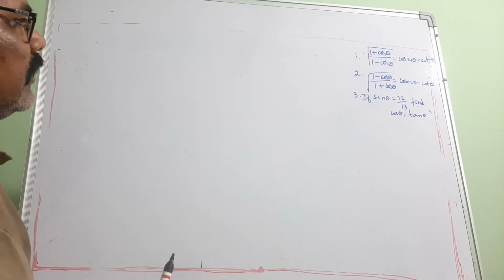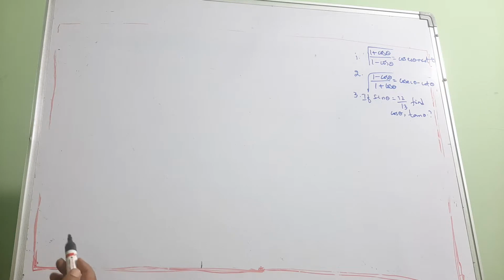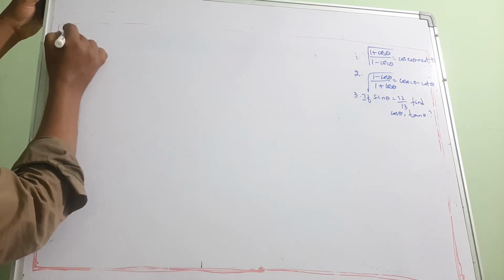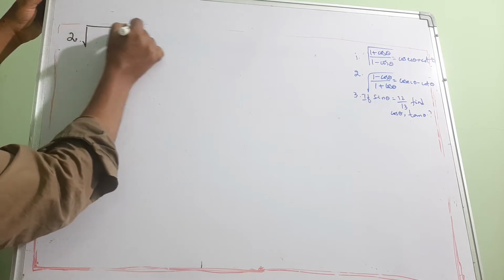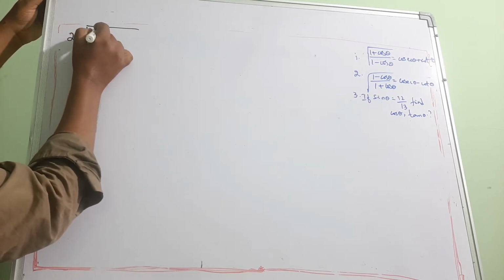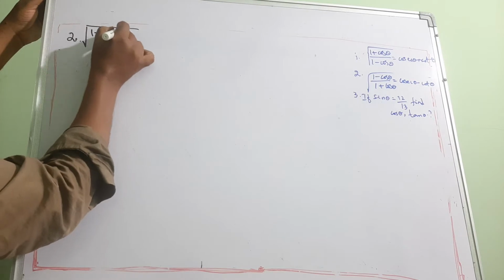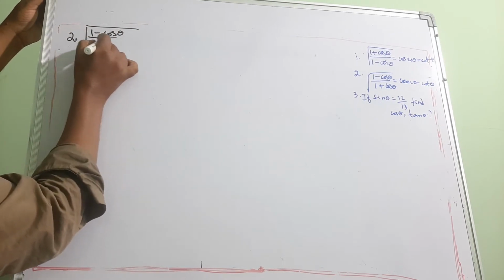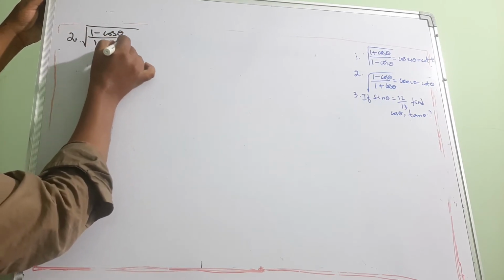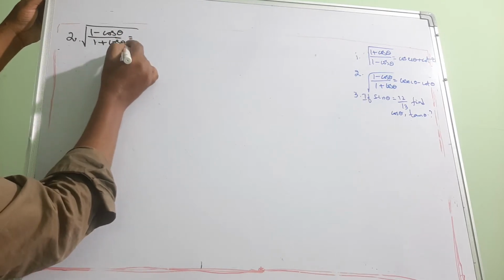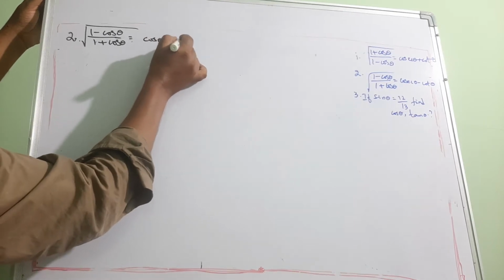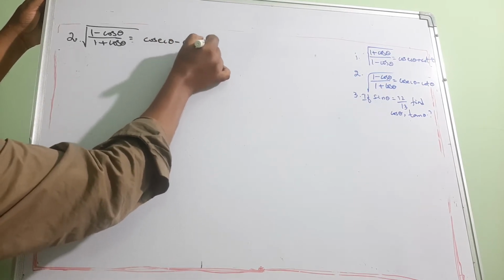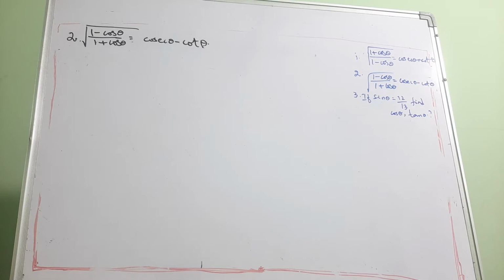Let us see the second problem. Root of 1 minus cos theta divided by 1 plus cos theta is equal to cosecant theta minus cot theta. What do you notice here?